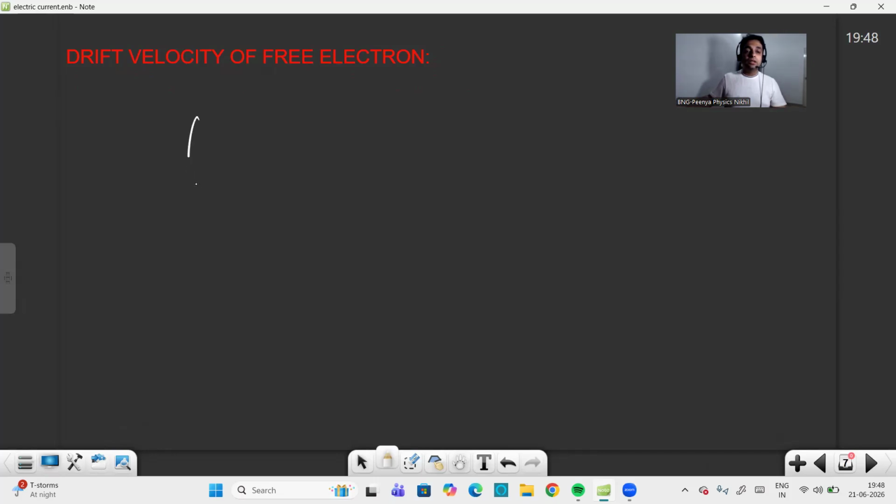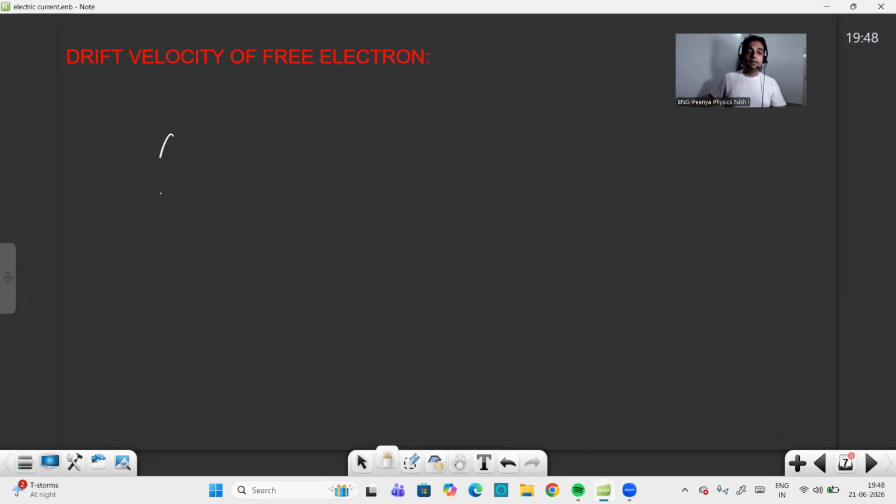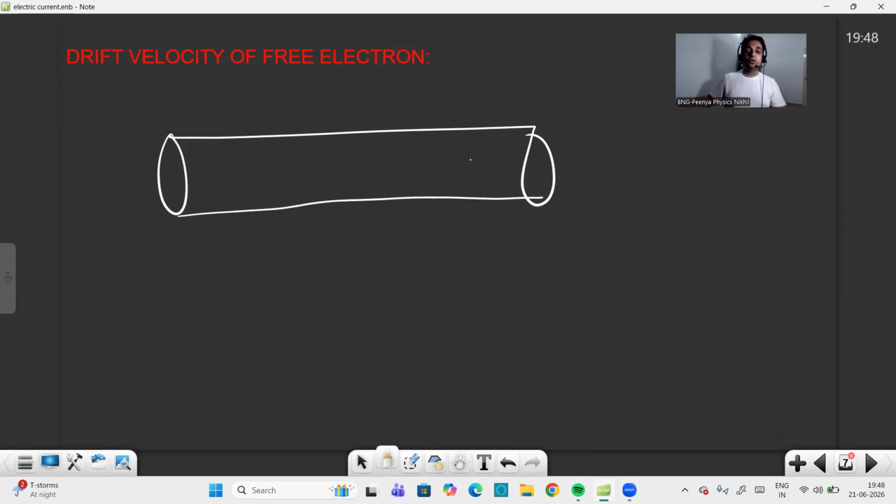So here, just consider there is a conductor, and in this conductor free electrons are there. If we focus on one electron, this electron is free to move. But if it is free to move, is it establishing any current here? I will say no, it is not establishing any current, because at the same time so many electrons are coming from one side to another side.